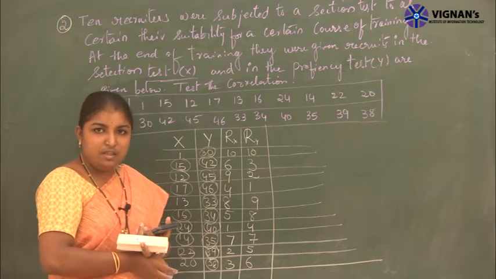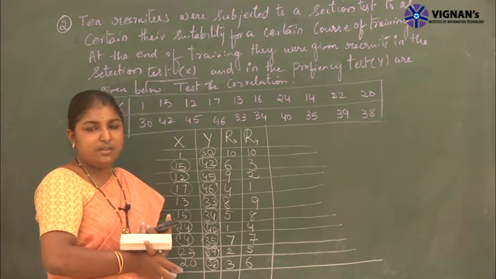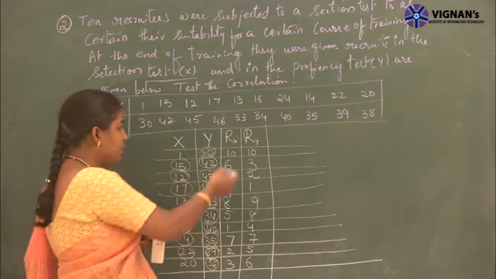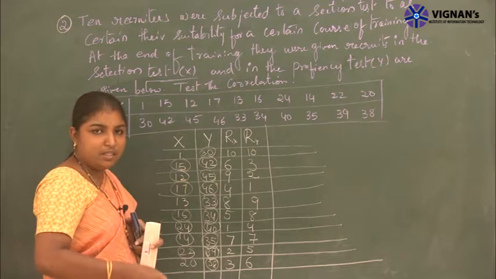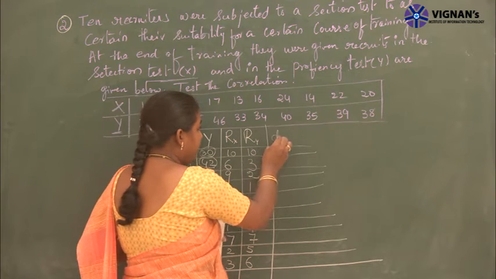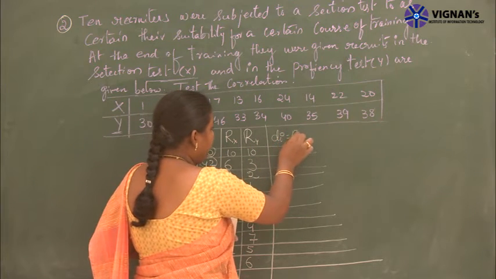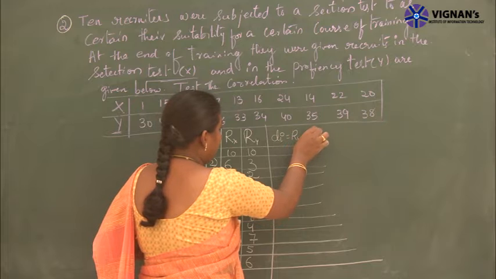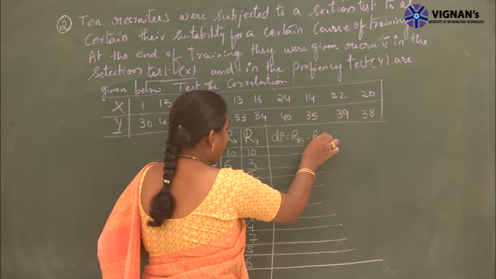After giving the ranks of X and Y values, we find the deviation of X ranks and Y ranks. The deviation is represented by di, which can be written as Rxi minus Ryi.